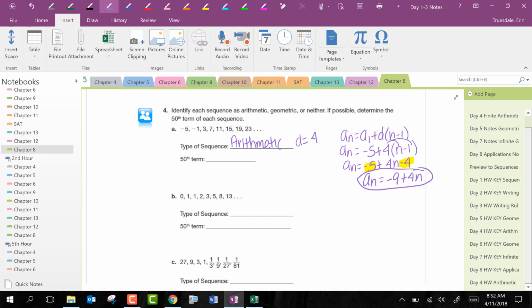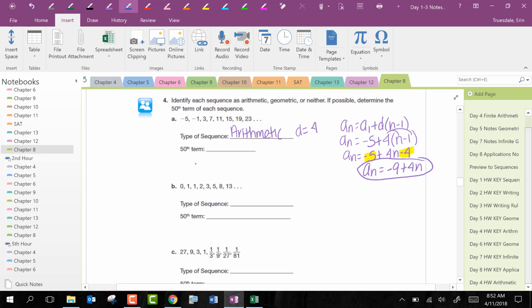And what term do I want? 50. So how do I find the 50th term? Plug in 50 for n. So a sub 50 would be equal to -9 plus 4 times 50. Well that's 200 minus 9, so 191.